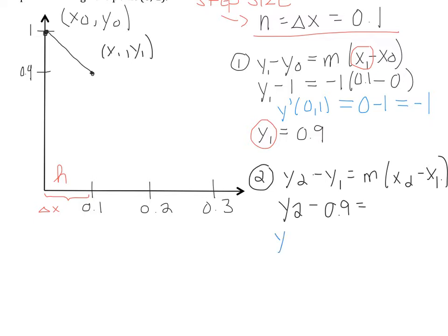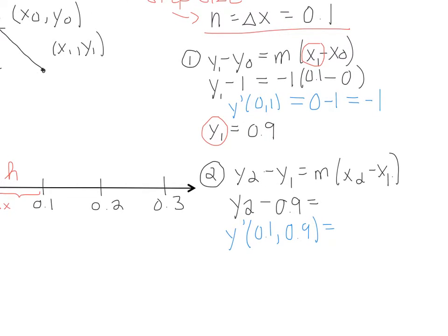So I'm going to calculate y prime at x equals 0.1 and y equals 0.9. Our slope is given by x minus y, so that's 0.1 minus 0.9, which is negative 0.8. Great. And then x2, we know what x2 is. We decided that we were incrementing x by 0.1.